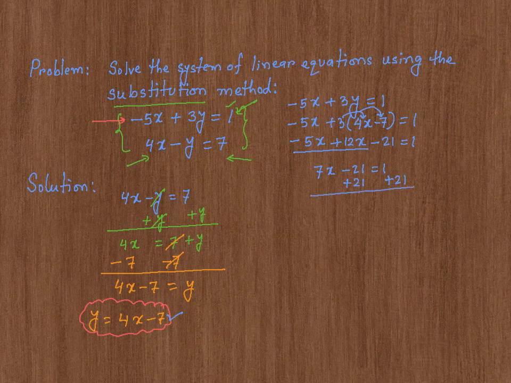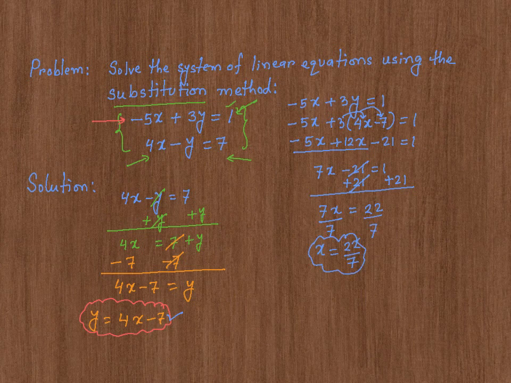If I do so, I get 7x on the left hand side, -21, +21 cancel out. That gives me 0, so I don't need to worry about it. On the right hand side, 1 plus 21 is 22. Then I divide both sides by 7 to solve for x. So that gives me x is equal to 22 over 7.